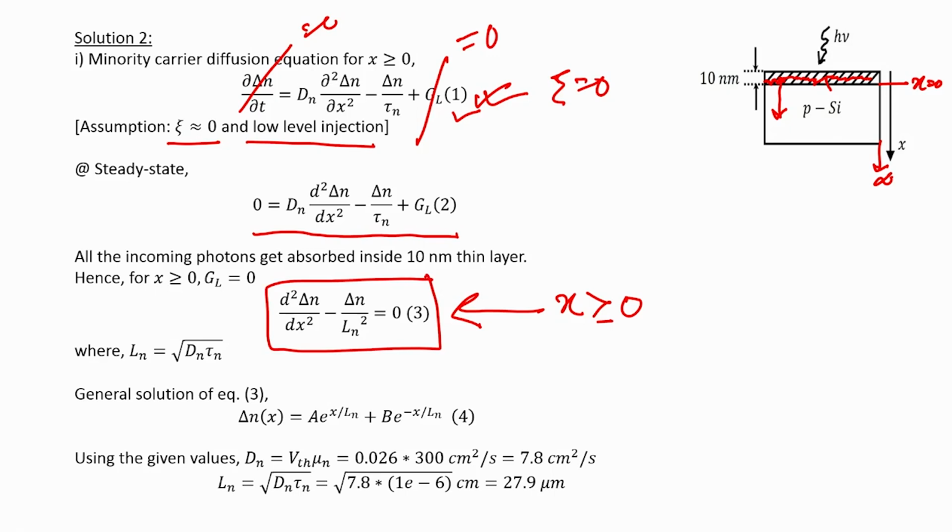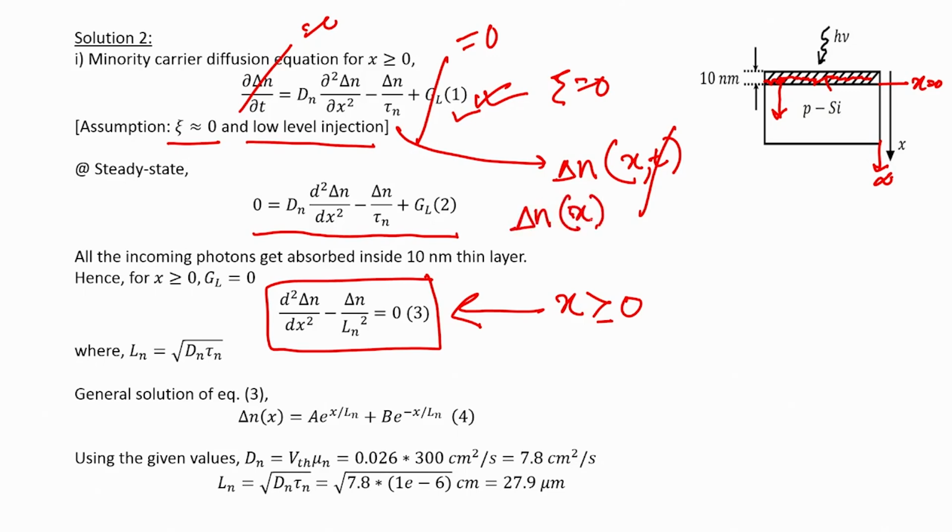You probably have noticed one thing, that this partial derivative has now become d. So, basically the partial derivative we have converted to the direct derivative, because this del n here in this first equation is a function of x and t, but as we are talking about steady state now, there is no variation of time, hence we are considering del n as a function of space only.